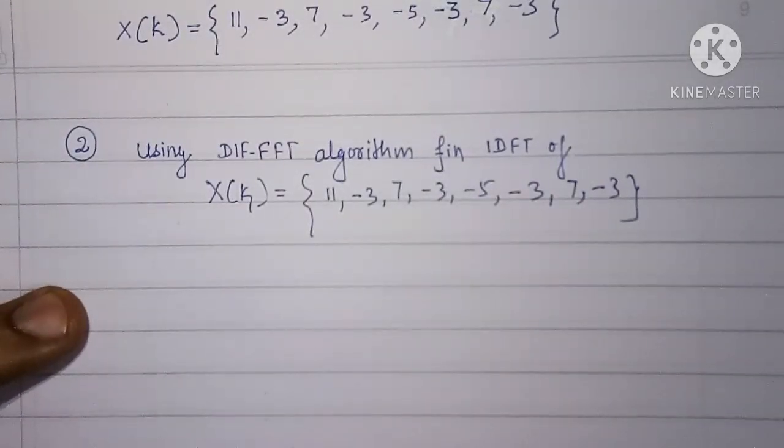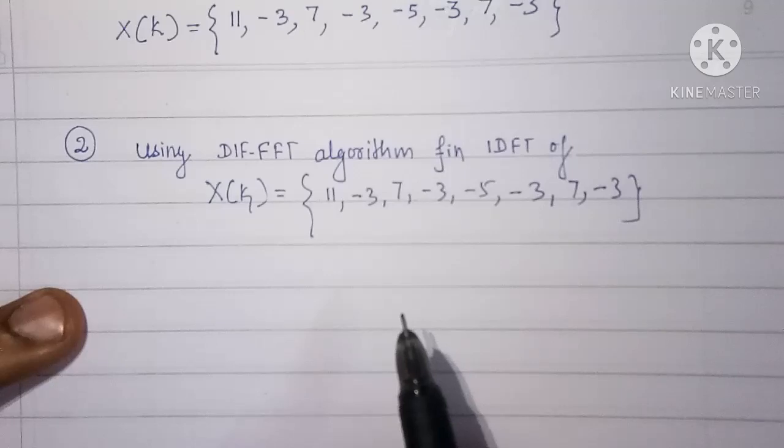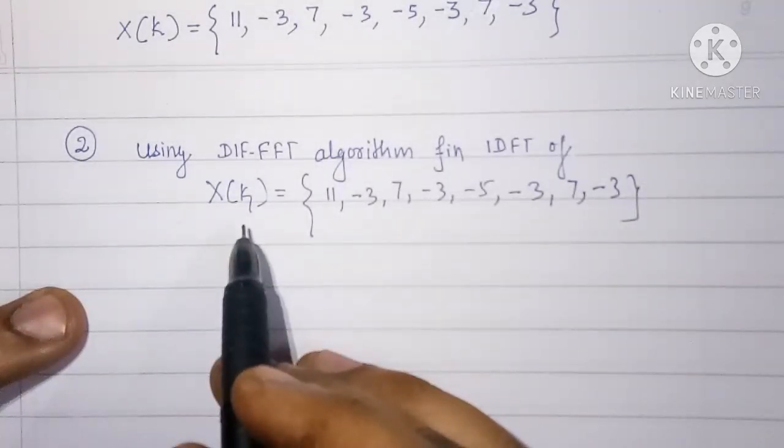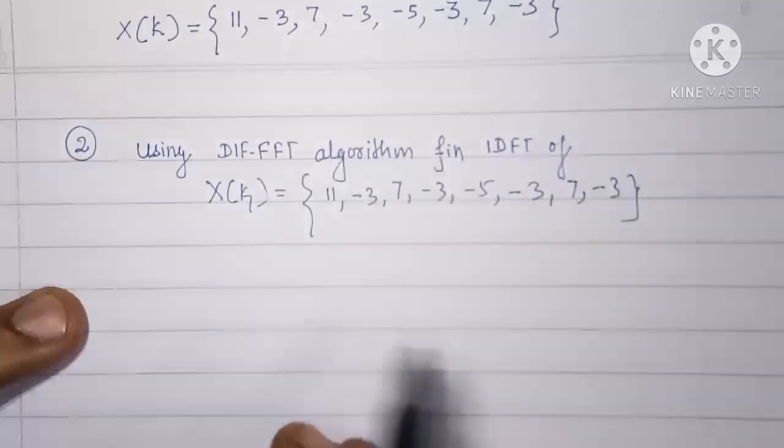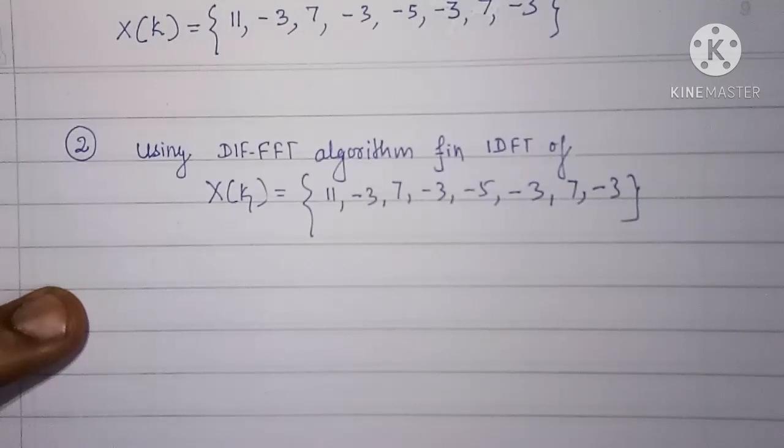So in finding IDFT, we will be making use of same butterfly diagram, but now the inputs will be x of k in normal order, x of n that we get will be in bit reversed order.